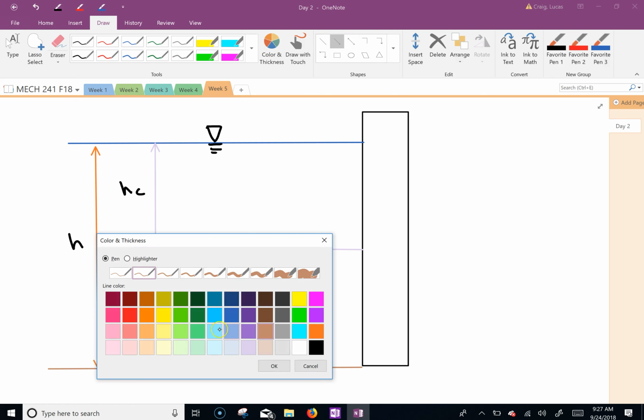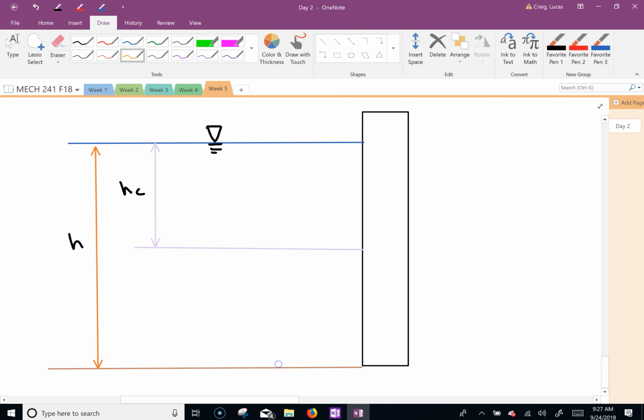The most important one is going to be this one. This is your resultant force from the pressure. So F. I'm going to call it FR, subscript R, okay?